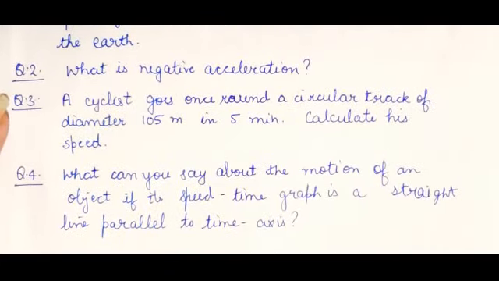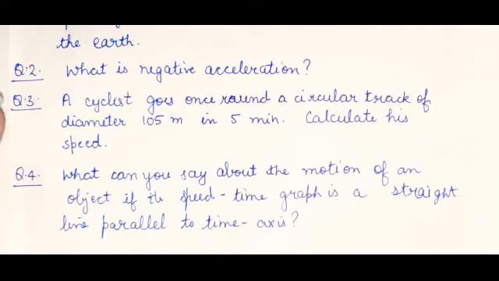A cyclist goes once round a circular track of diameter 105 meter in 5 minutes. Calculate his speed. And question number 4. What can you say about the motion of an object if its speed time graph is a straight line parallel to the time axis? So these are the 4 questions for your homework.